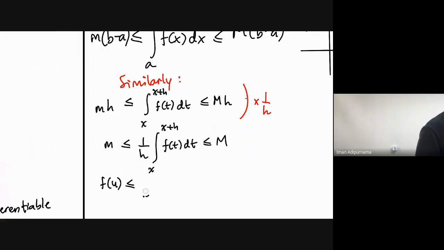The middle integration we turn into f(x plus h) minus f(x), divided by h.